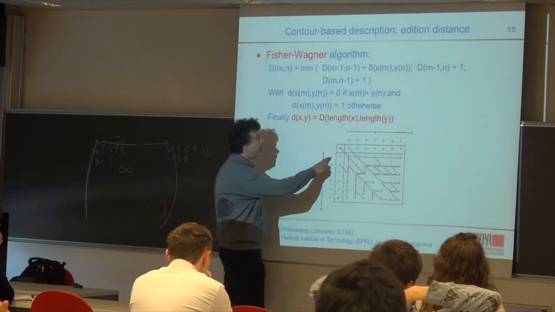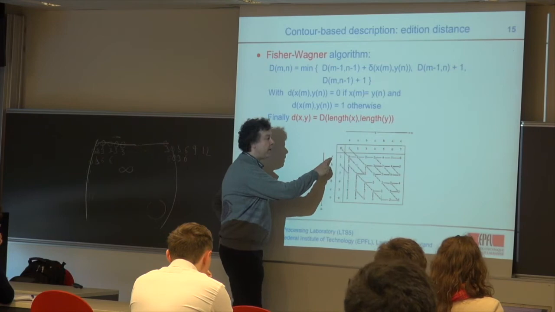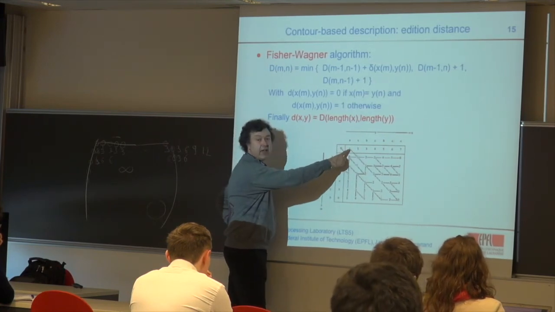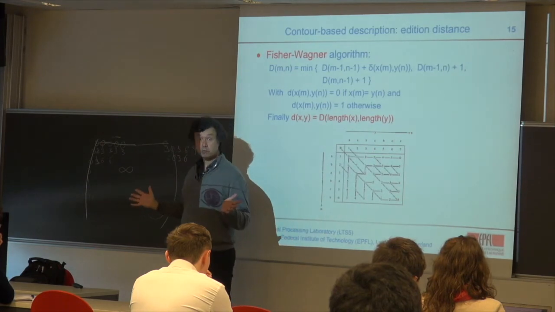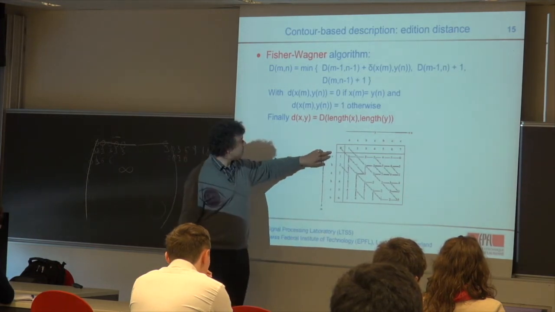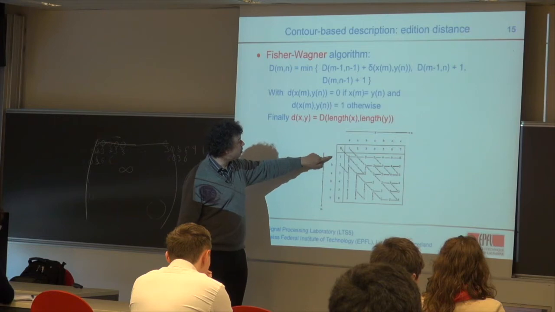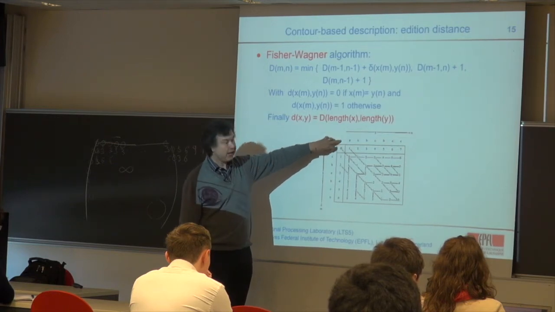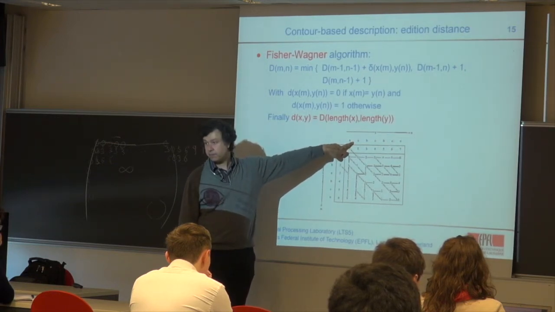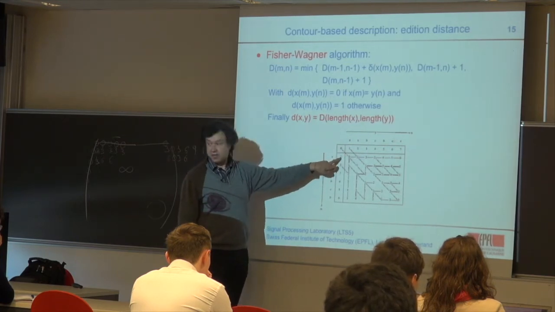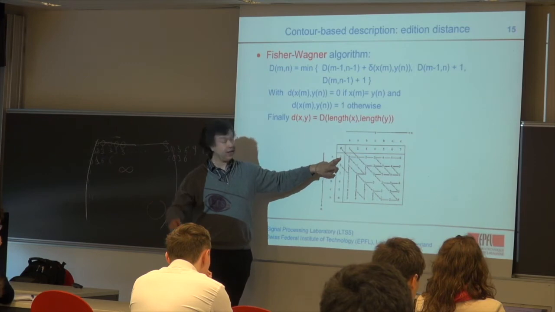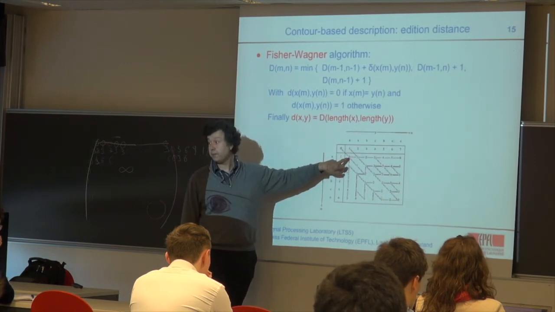So to go from A to A, I can go from A to empty, and then I read what I have there. Which is true, huh? Or you can say it's very much the same as going from A to empty, and then add an A. So you basically look at what you need to go from A to empty, it's 1, and then you add an A, and you would put 2 there.